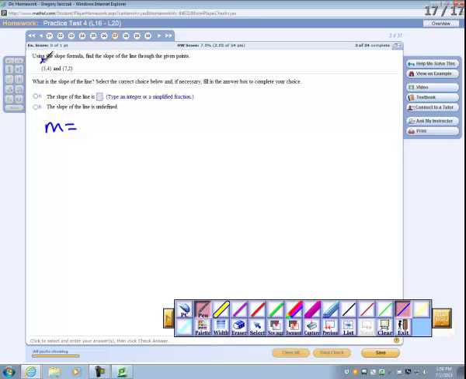Give you a hint. This is x1, y1, and this is x2, y2. And what's our equation going to be? Right. y2 minus y1 over x2 minus x1.